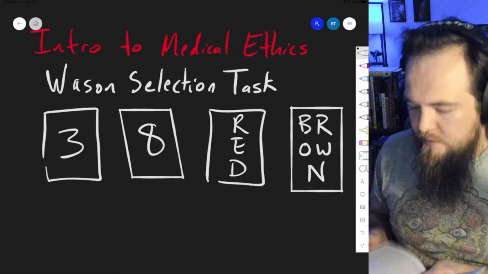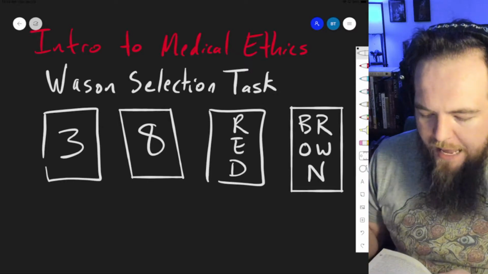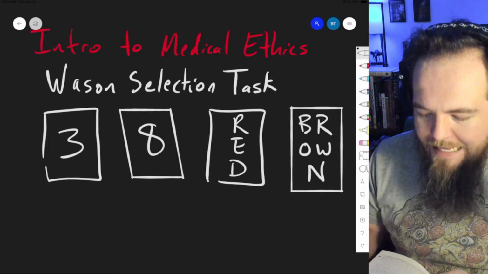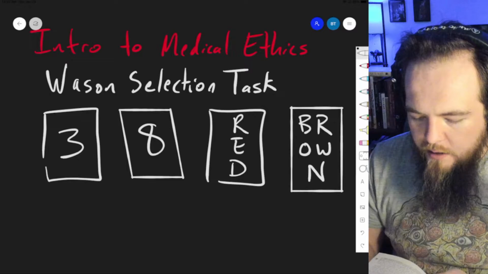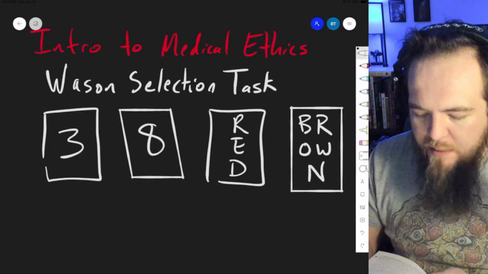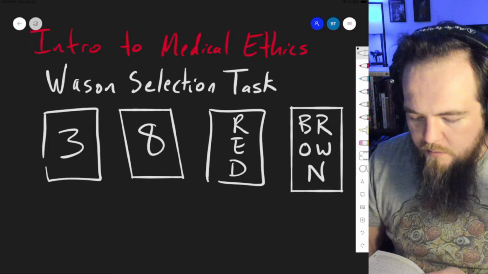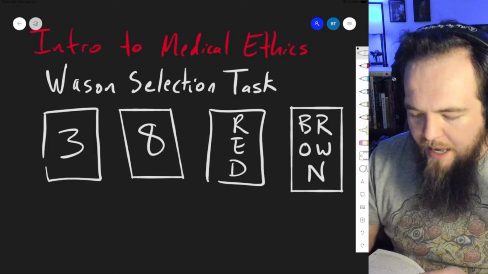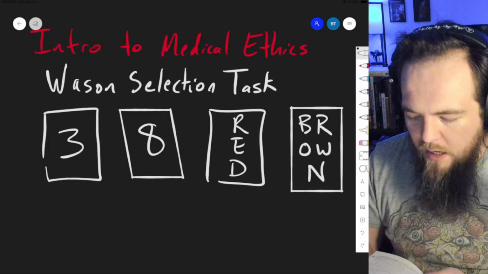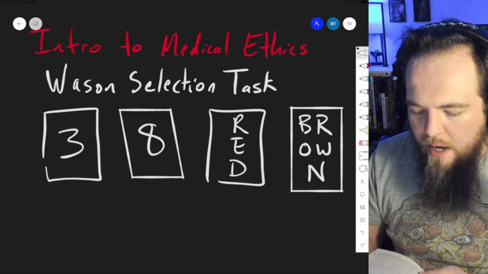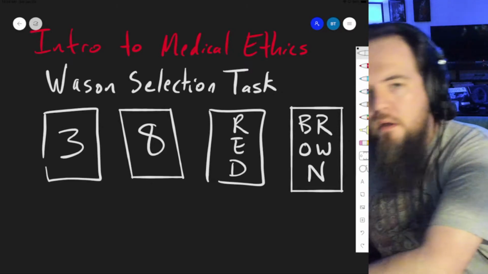And then I tell you this. If a card has an even number on one side, then it must be red on the opposite side. And I'll repeat that, okay? If a card has an even number on one side, then it must be red on the opposite side.